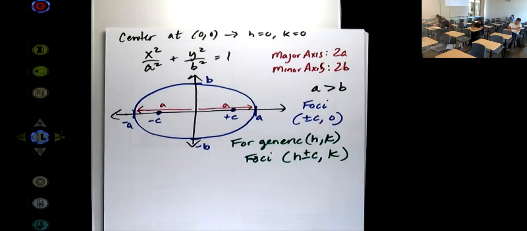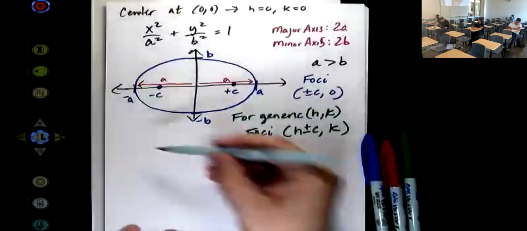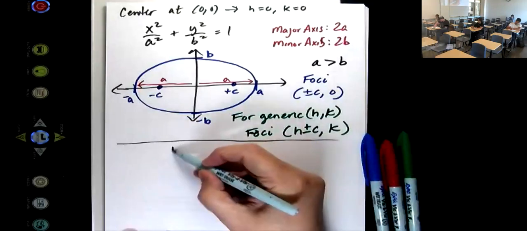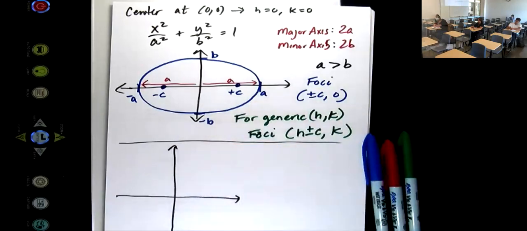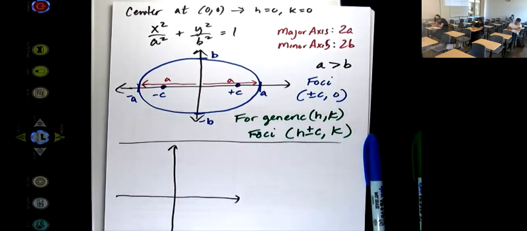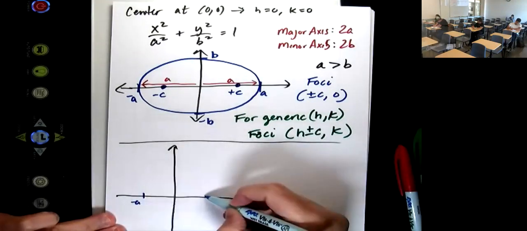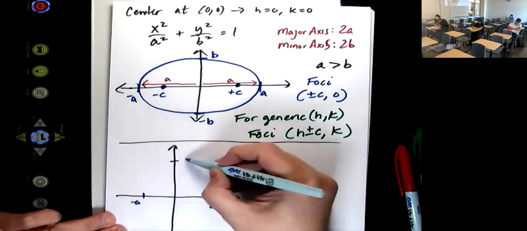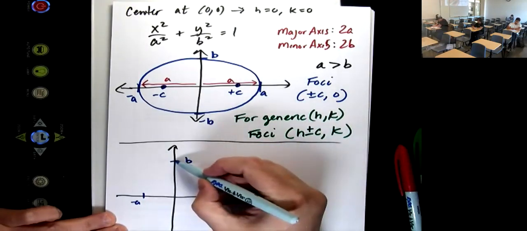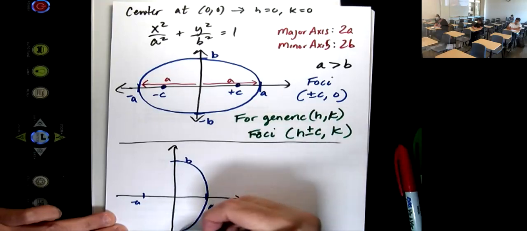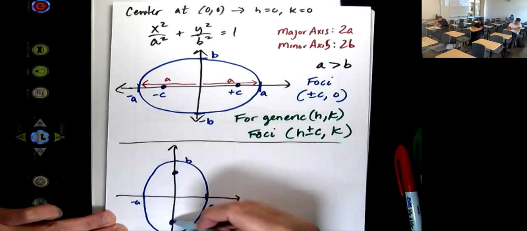Now, when we switch to vertical, only a little bit changes. We will still cross at negative A and A, and the height of B and negative B. Foci are along this axis now.